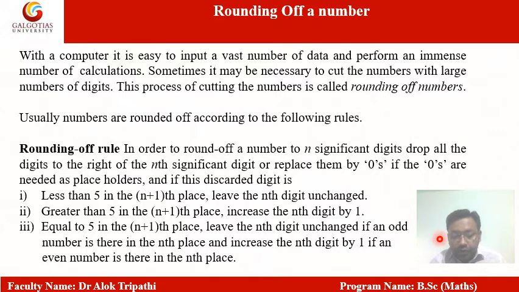If in the nth digit we are having an odd number, then we will increase nth digit by 1. These two rules will be applied only if we are having 5 in the n plus 1th place.